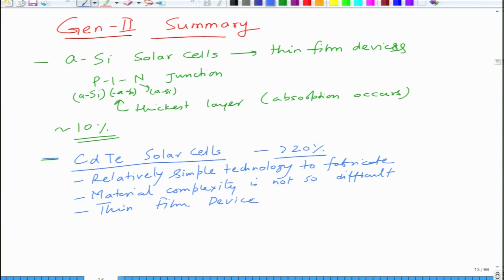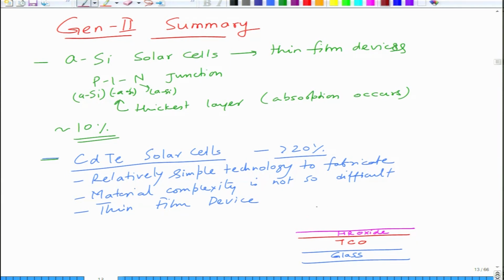And the structure that we saw: if you have a glass substrate, on top of glass we had a layer of, let us say, TCO, then a sort of high resistivity oxide layer.